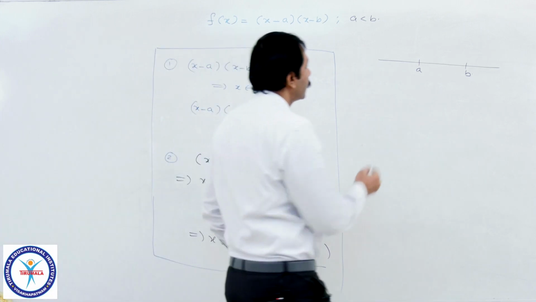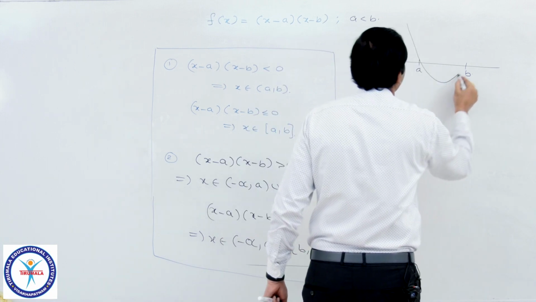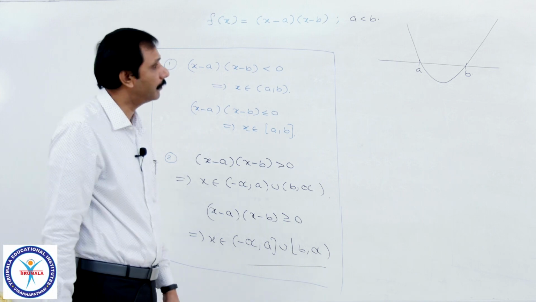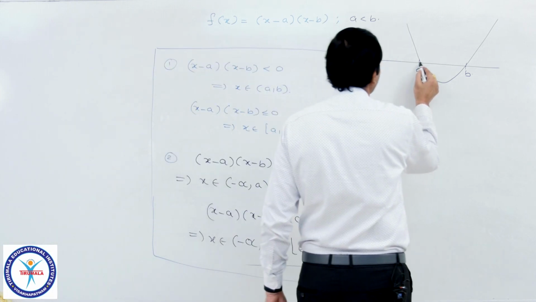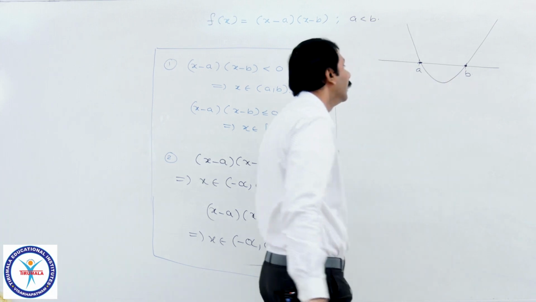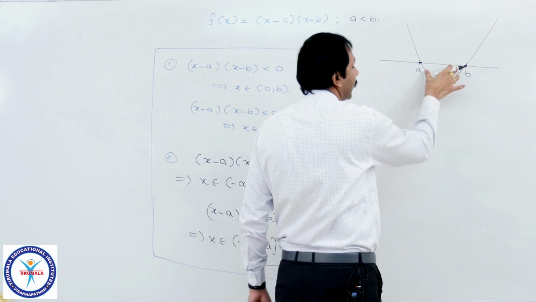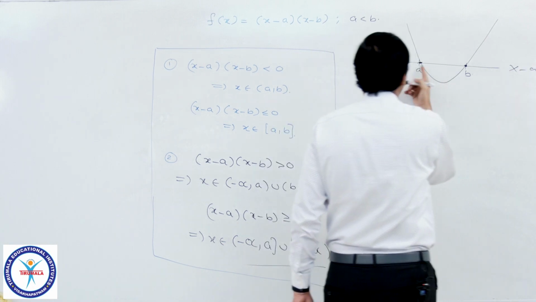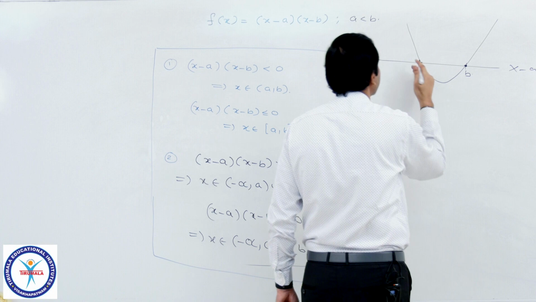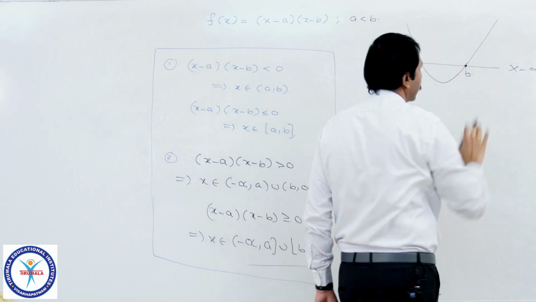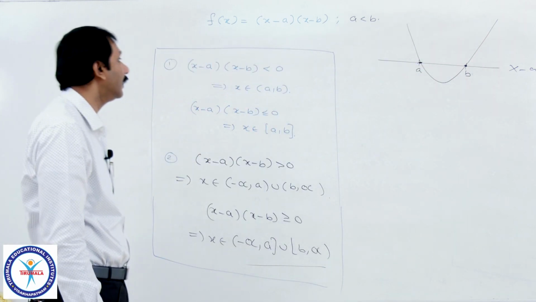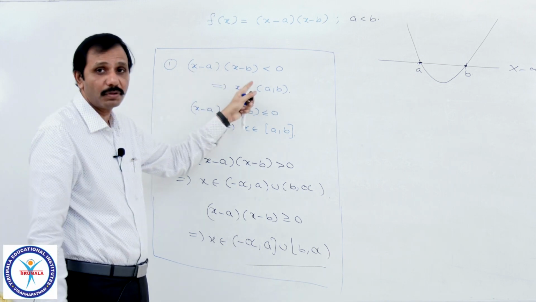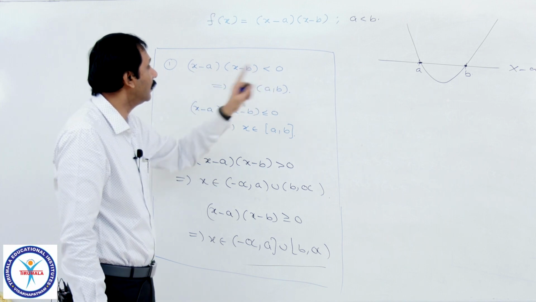But if you take the graph, it will be of this type. A quadratic means a parabolic shape. If a and b are the roots of that equation, between a and b it is negative, below the x axis, and left of a or right of b it is positive, meaning it lies above the x axis. This is the shape of the graph you will get. But observe that I have taken the coefficients of x both positive only.